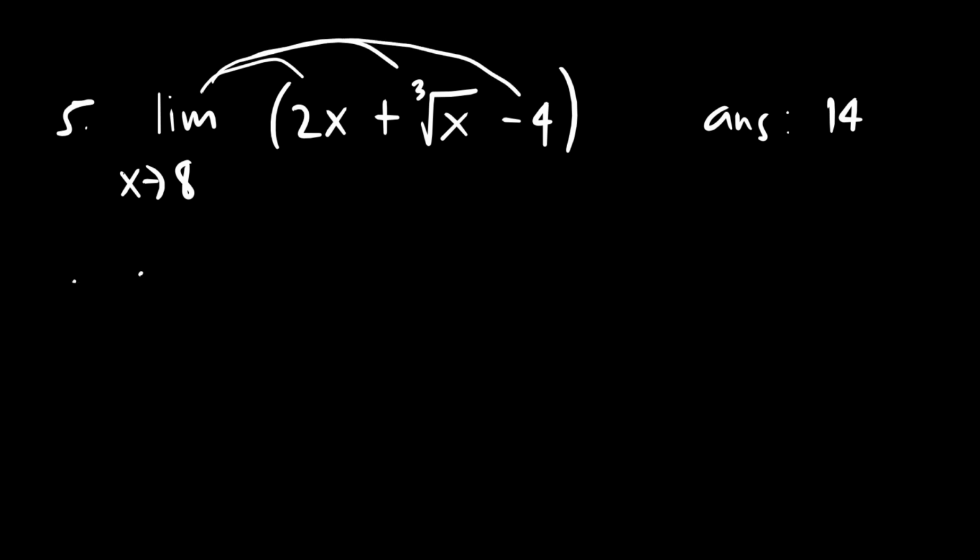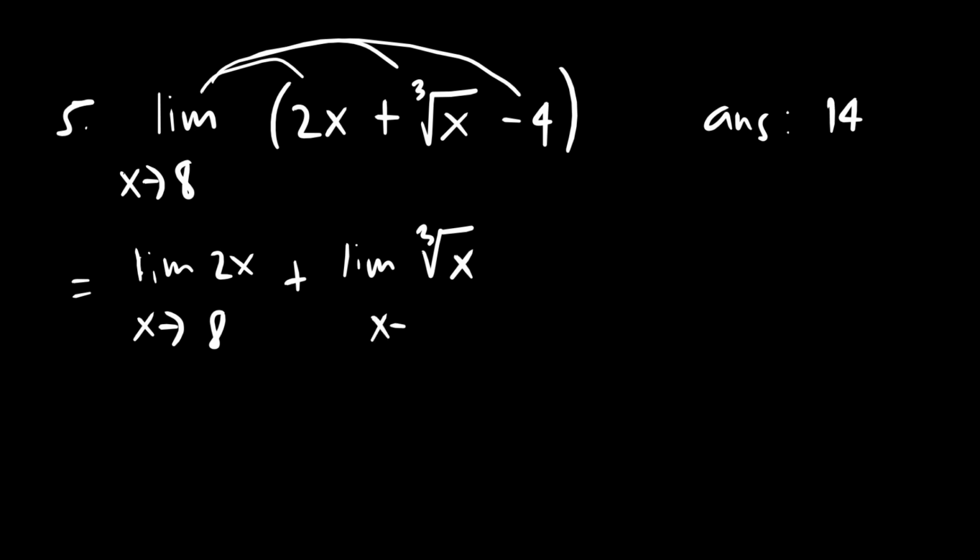So limit of 2x as x approaches 8 plus limit of cube root of x as x approaches 8, minus limit of 4 as x approaches 8.